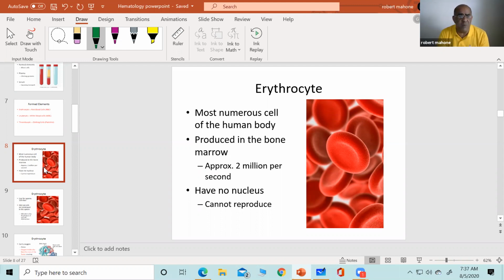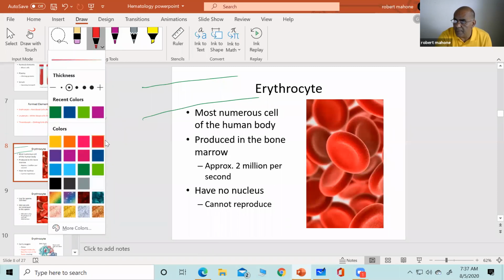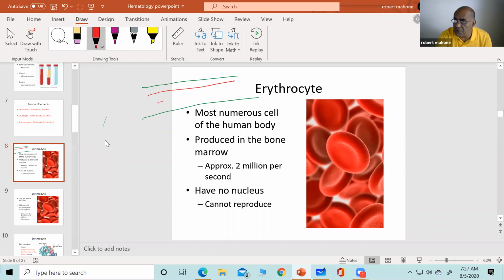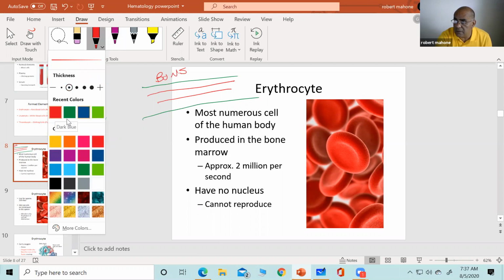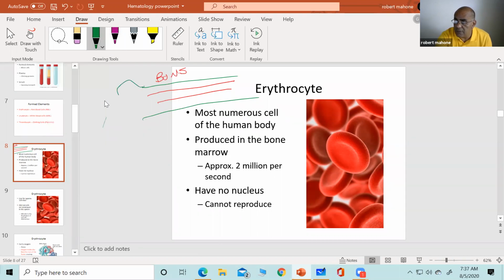They're produced in our bone marrow, if you've ever wondered what that stuff does. The bone marrow is an area that's inside the bones. So this is a bone, and each end being the end of the bone.